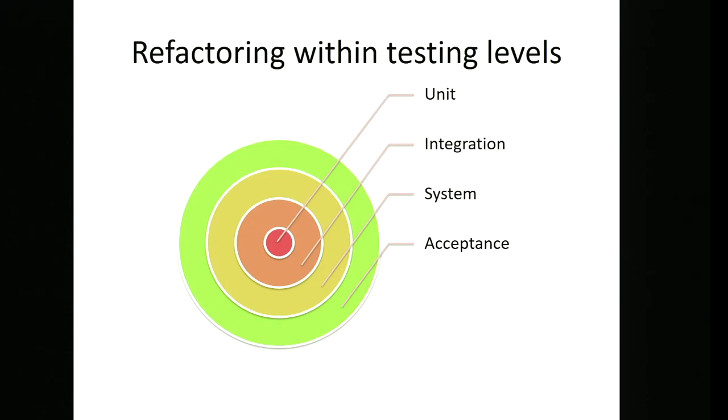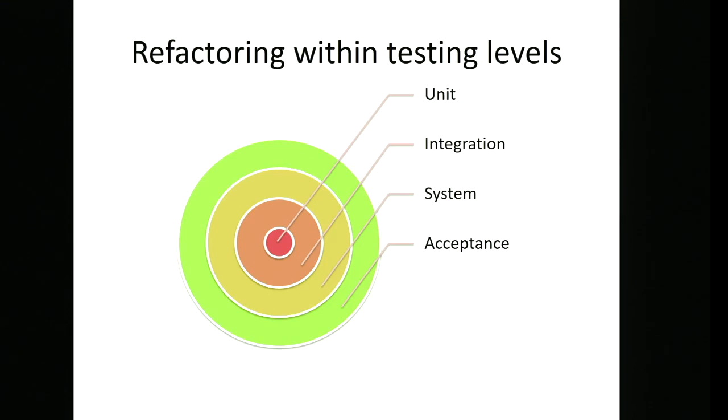It certainly wouldn't be a refactor at the unit level because it's changing the unit tests. But in terms of the integration level, the entire class that we're working on might actually not change how it's working completely in relation to other classes.